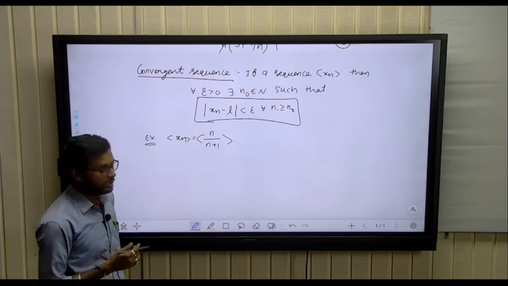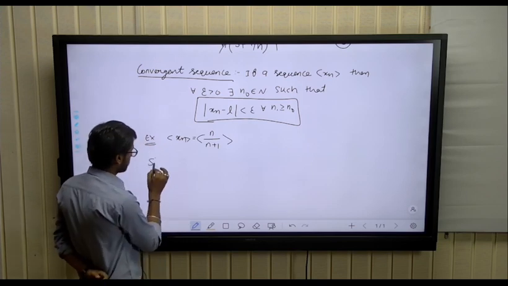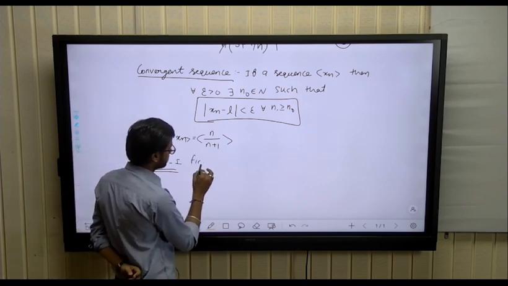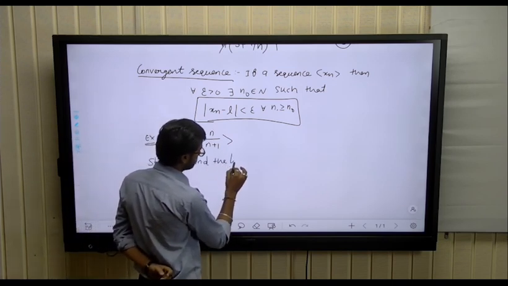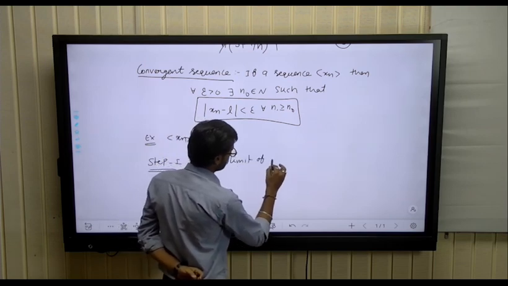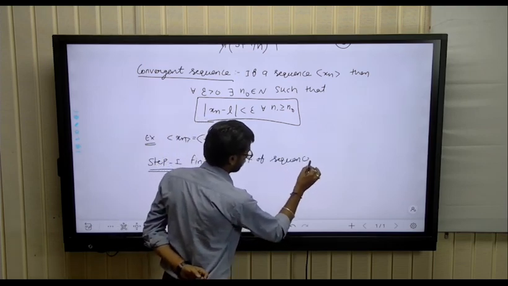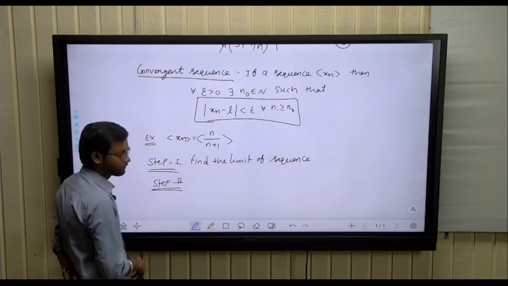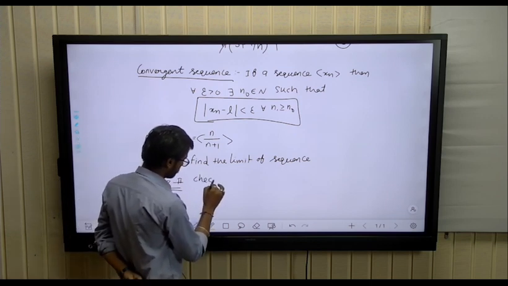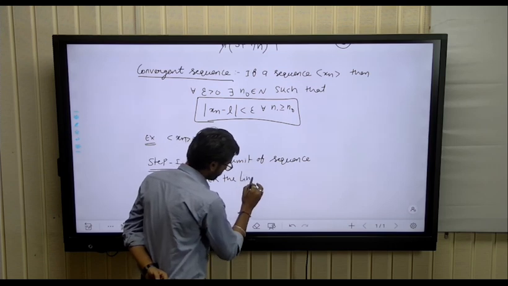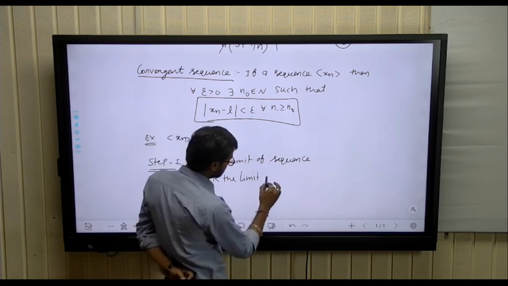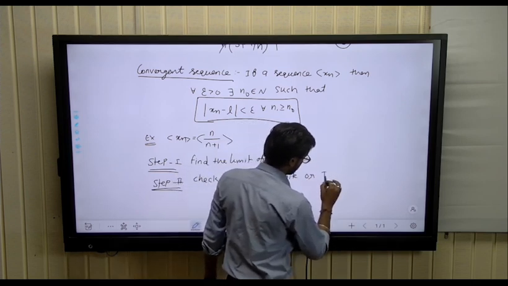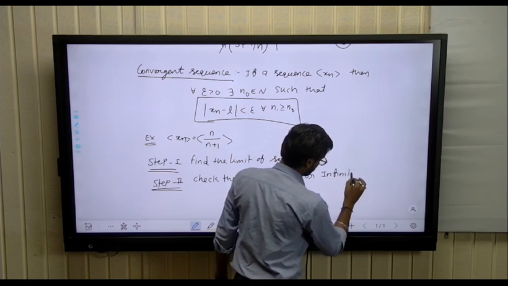The first step to find the convergence of a sequence is to find the limit of the sequence. The second step is to check whether the limit is finite or infinite.